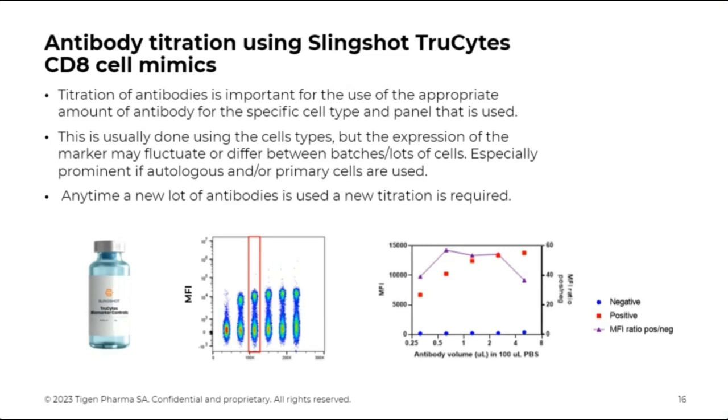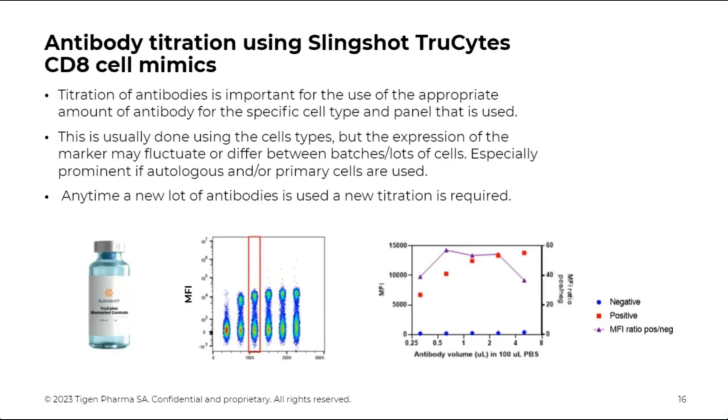So what you see here in the figures is just a vial of the TruCytes that we tested from Slingshot. And these are CD8 T-cell mimics that we used. And what you see in the next histogram here in the dot plot is just an example of how the antibody titration can look like.